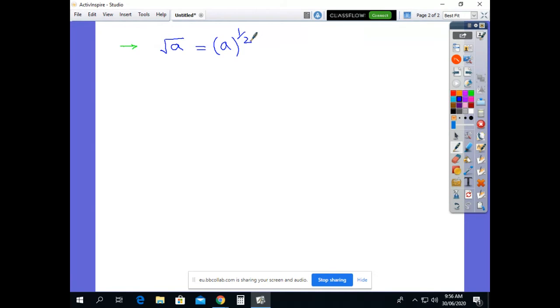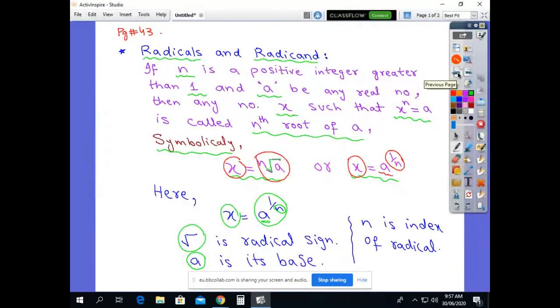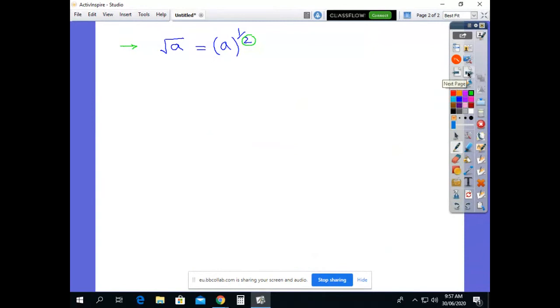That's why here exists 2, which we call square root. If there is a number n, then we call it nth root. We can write simply square root of a, or we can write it with 2 as the index.